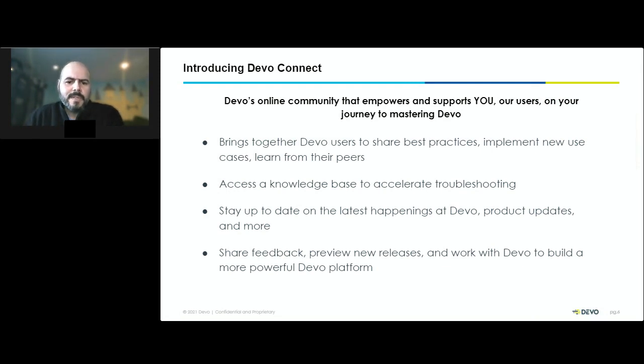We say Devo is easy to learn and difficult to master because there's so much nuance in the work. So on the community, you can share your best practices, learn from your peers, access the knowledge base, stay up to date with all the product updates and all the new information coming out from Devo, and share your feedback and your scenario, your story, share your victories using Devo.